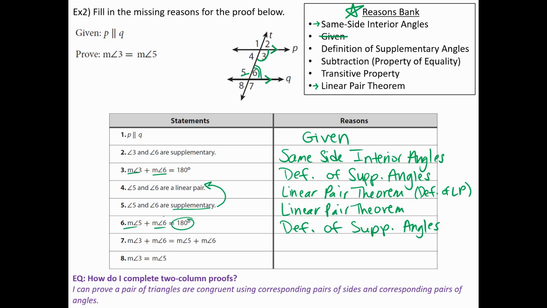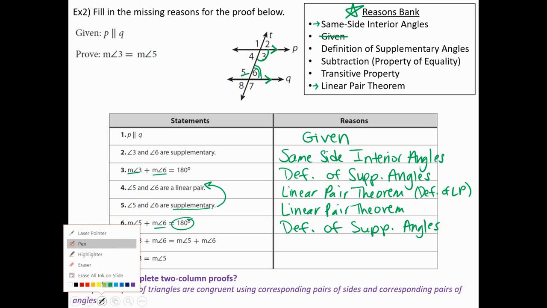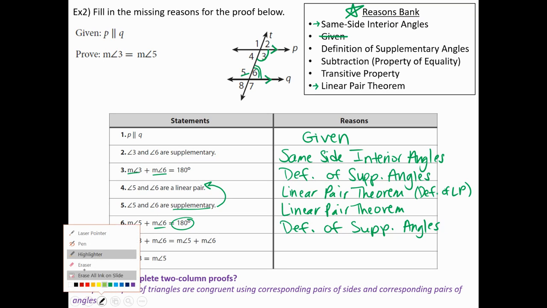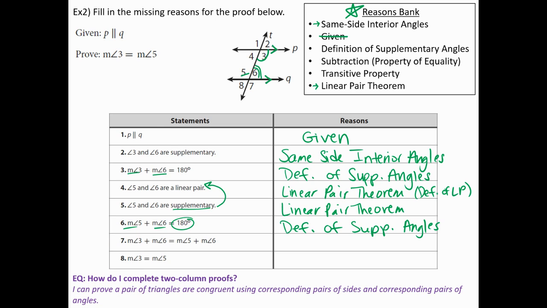All right, then number 7. This part is really important that we see where this came from. So I'm going to switch to my highlighter, and I'm going to switch colors. If I go up here, I have the measure of angle 3 plus the measure of angle 6. Fantastic.